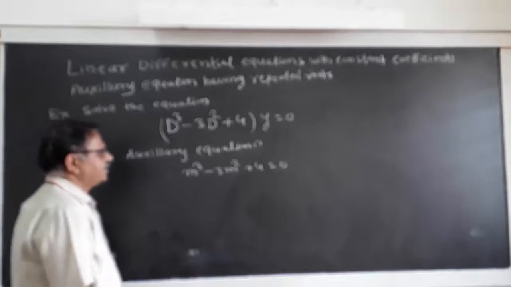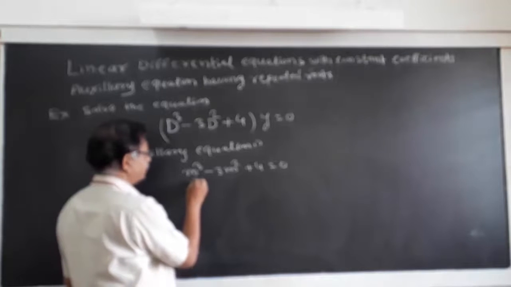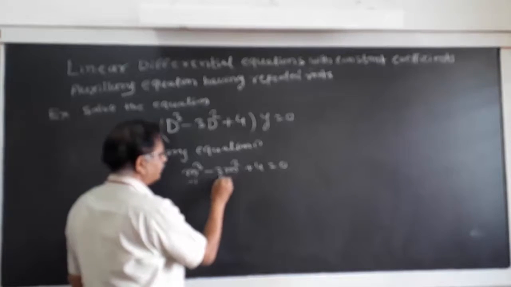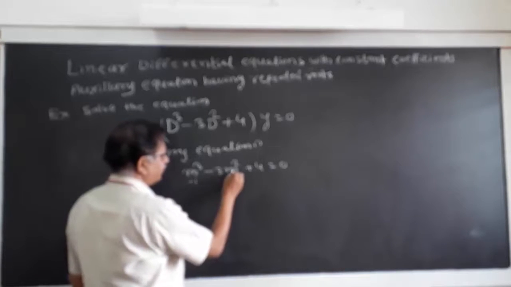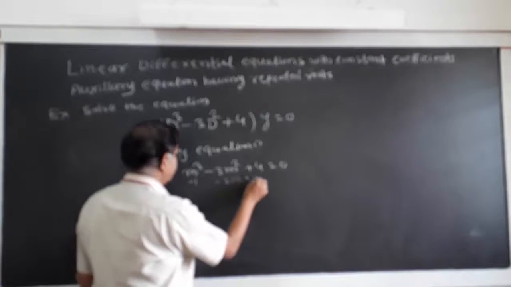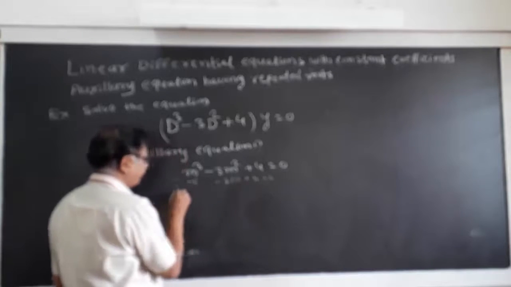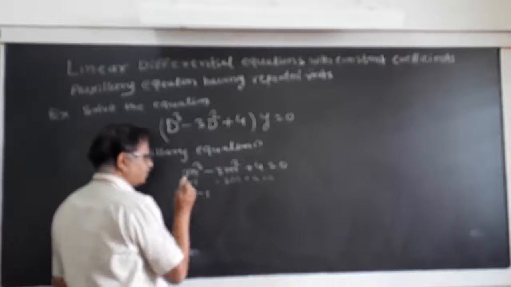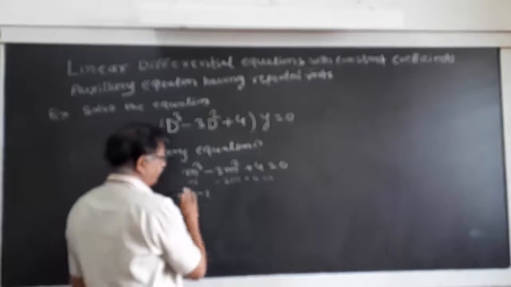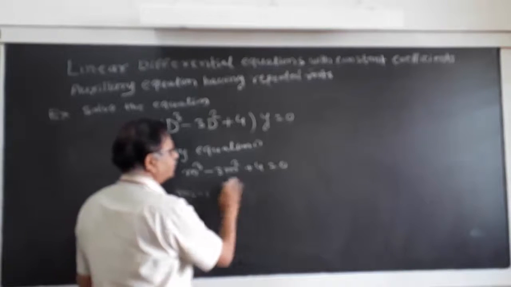Here, if you put m equal to minus 1, then minus 1 cube is minus 1, minus 3 into plus 1, plus 4 equal to 0. Therefore m equal to minus 1 is a root, the first root.